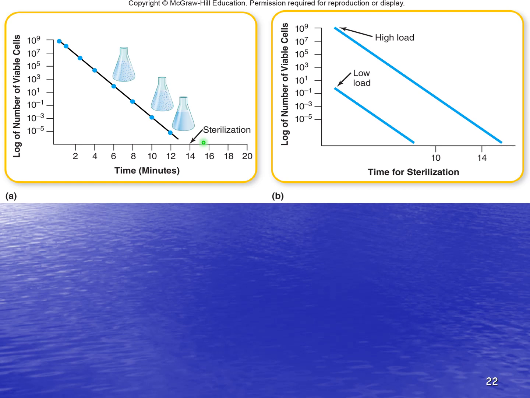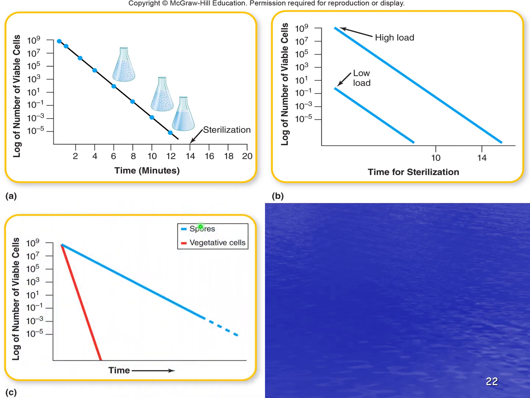Also, we look for how many of the organisms we have. If we have 1 billion microorganisms, it's going to take 15 minutes. But if we only have, let's say, 100, then we're going to look at a very low load, and they're going to actually die in quicker time.